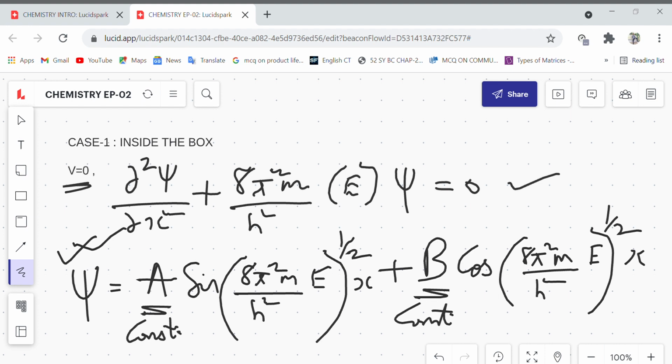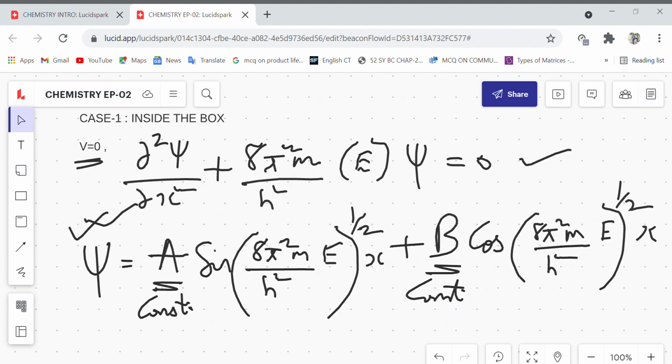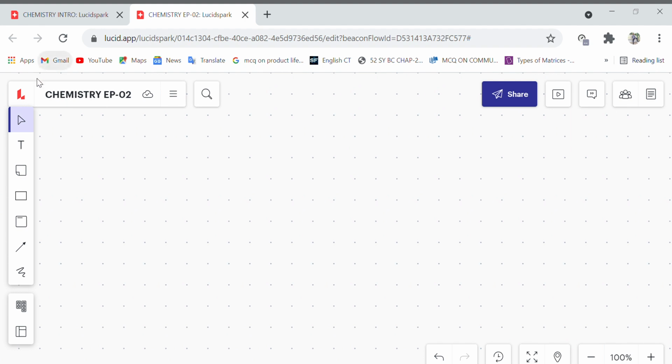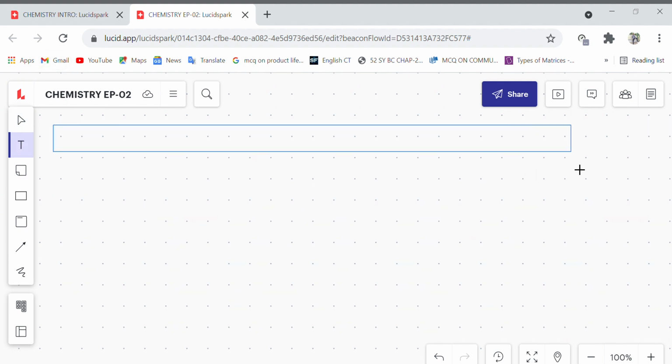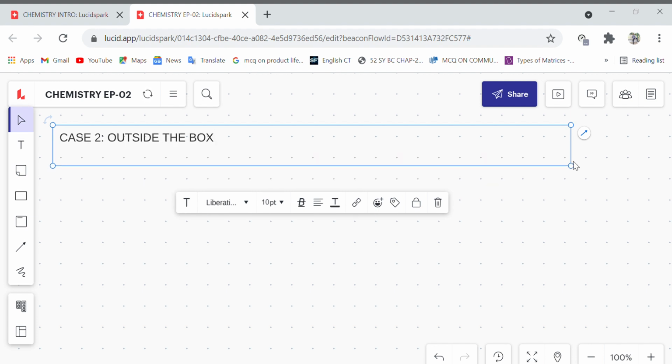So next, let's move to our case 2, that is outside the box. If you haven't taken a screenshot, please take it. Outside the box, V is equal to infinite.